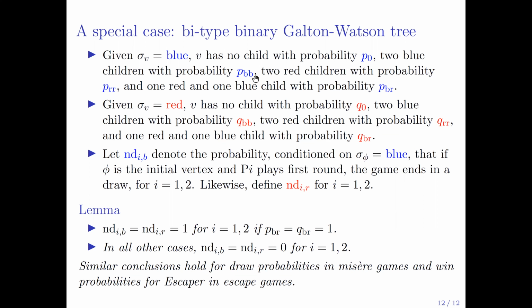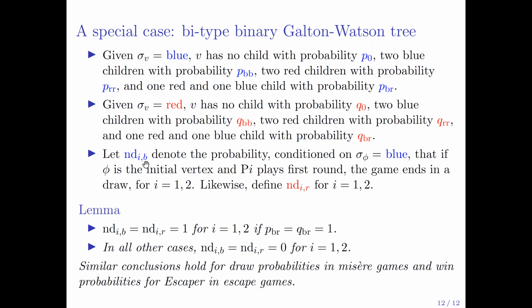PBB indicates the probability that it has 2 blue children, PRR indicates its probability of having 2 red children, and PBR indicates its probability of having 1 blue and 1 red child. Likewise, you define the offspring distribution for when the vertex is red.